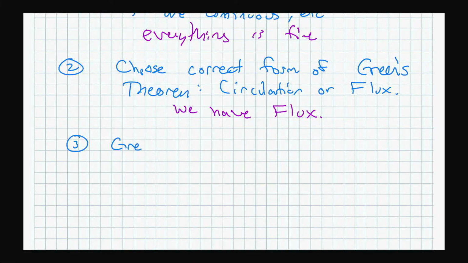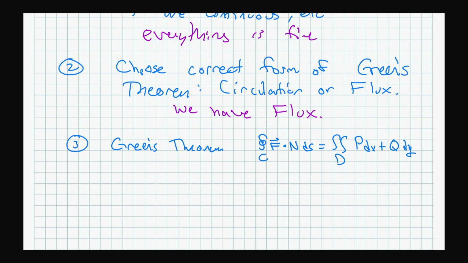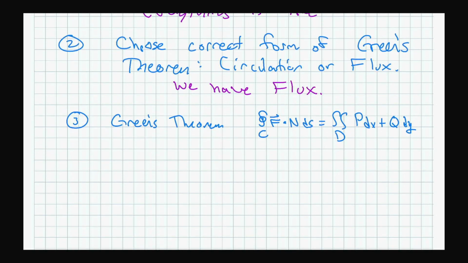So Green's theorem says the line integral over C of F dot n ds equals a double integral over D, where D is inside of C, of, what is it, P dx plus Q dy? Oh, that's how it was. Wait, what?